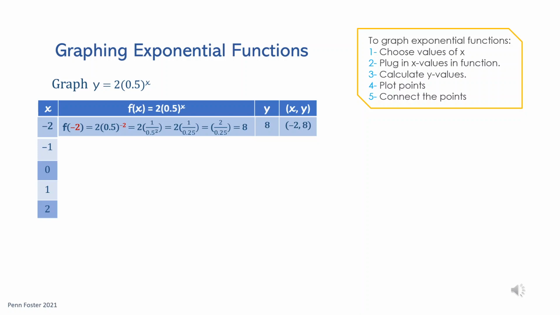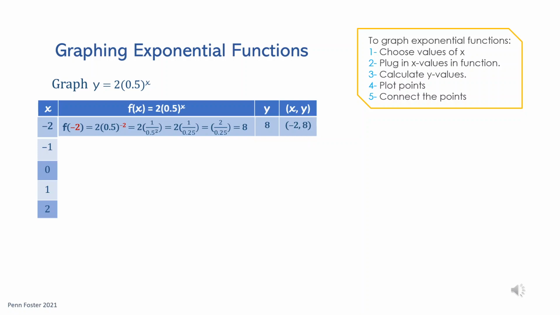If you're fluent in working with fractions, go ahead and complete calculations manually as shown. Otherwise, use a calculator. When x is negative 2 on this function, y is 8. Write the coordinate point negative 2 and 8 in the last column.